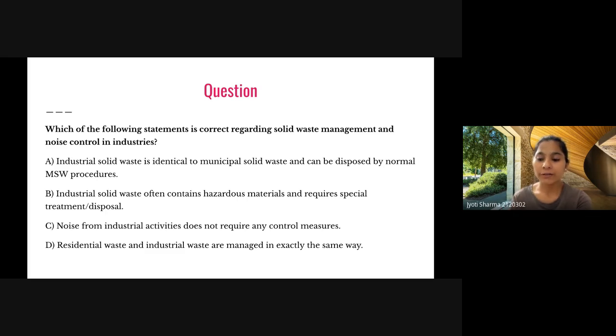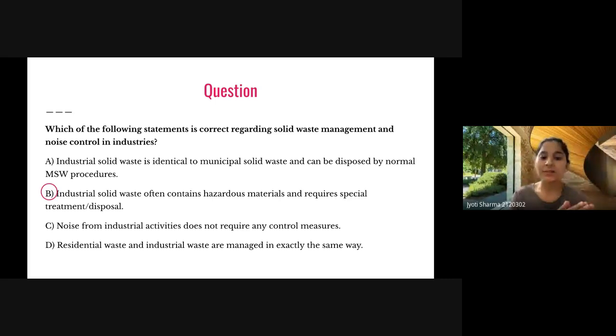And this odd one out you have already given me, Diya, Venkateshwara, you both gave me the B answer. Yes, this is the odd one out answer, because industrial solid waste is very different from municipal solid waste.